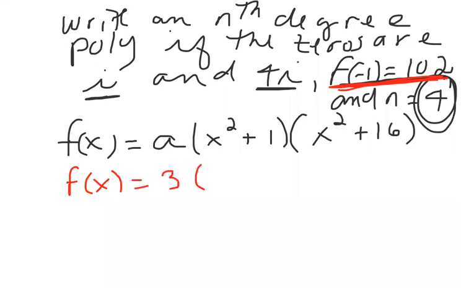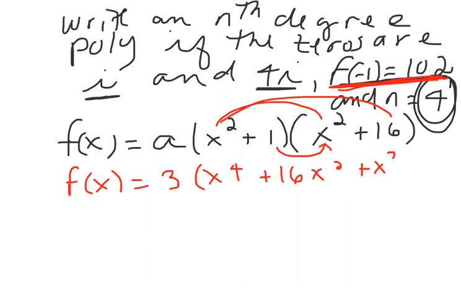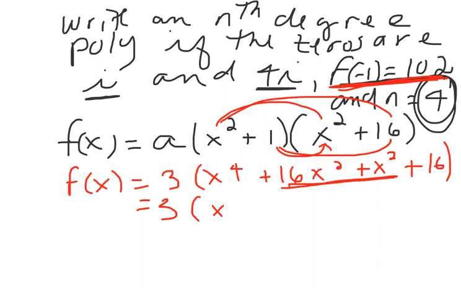We're going to multiply x squared times x squared, x to the 4th, x squared times 16, 16x squared. 1 times x squared is x squared. 1 times 16 is 16. And then we add here. So we get 3 times x to the 4th plus 17x squared plus 16.